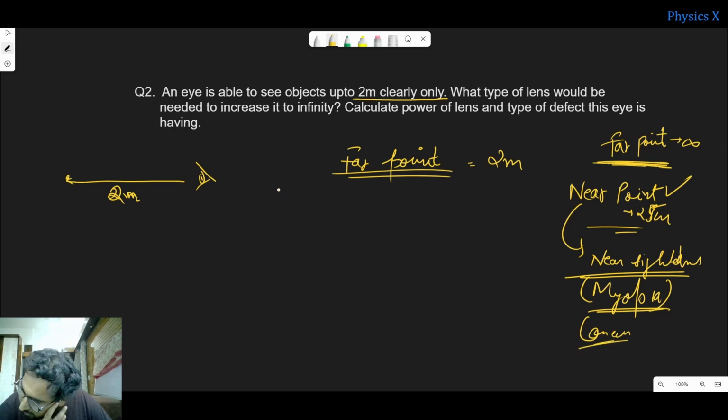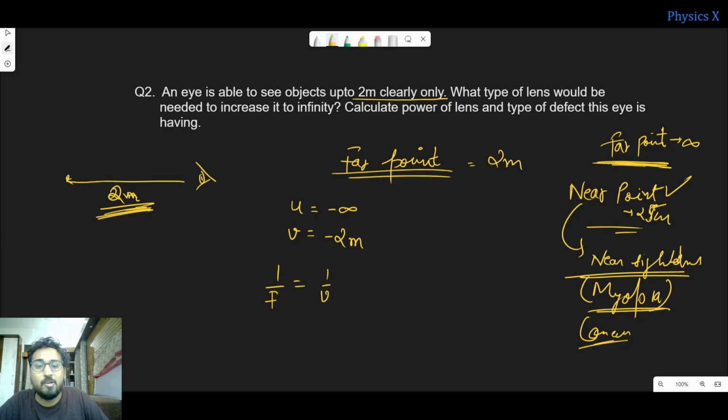Now for the worst case, we need to consider that the object is placed at infinity. If the object is placed at infinity, then the image must be formed at the far point of this eye. The far point of this eye is minus 2 meters. So 1 by f equals 1 by v minus 1 by u, which is minus 1 by 2 plus 1 by infinity, and 1 by infinity is 0.